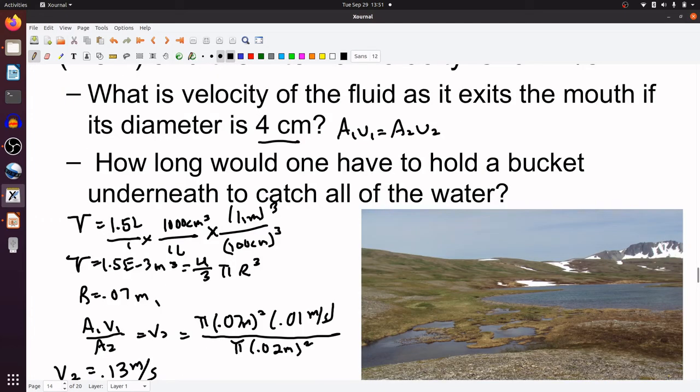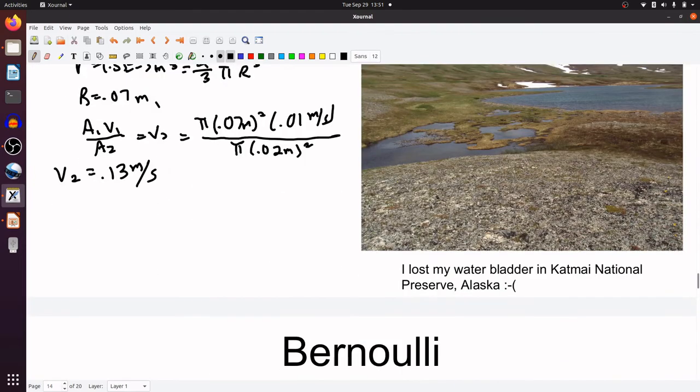How long would one have to hold the bucket underneath to catch all the water? So this is where I need to use the fact that Q is equal to AV, and rather than A1, it's actually A2, since that's where the mouth is. I need to figure out what Q is.